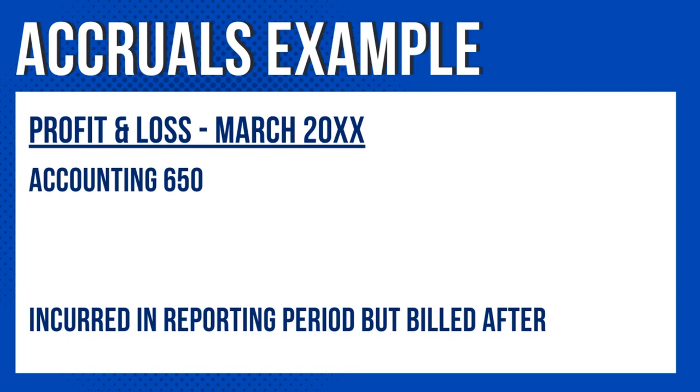This could be interest on some sort of bank loan. It could be a direct payment from the bank. So it could be that the expense is paid after if there isn't a bill. So an accrual is needed when some sort of cost, expense or sale is incurred in the reporting period but billed after.